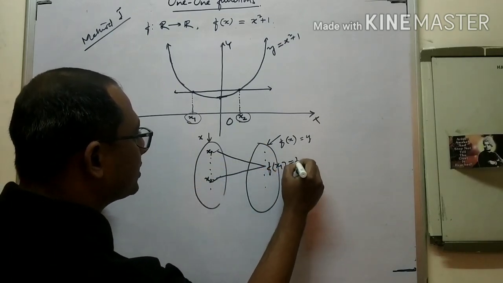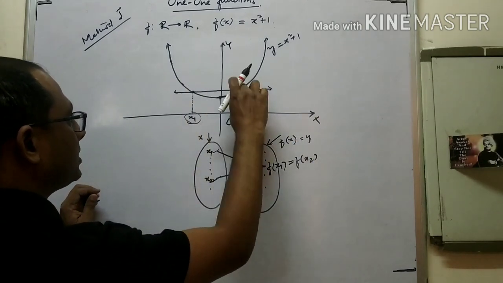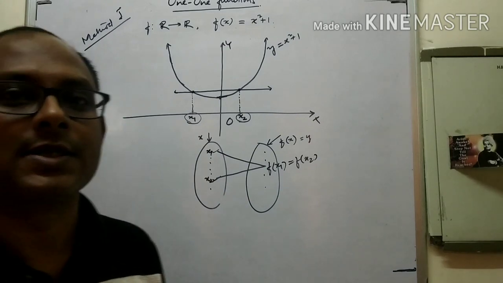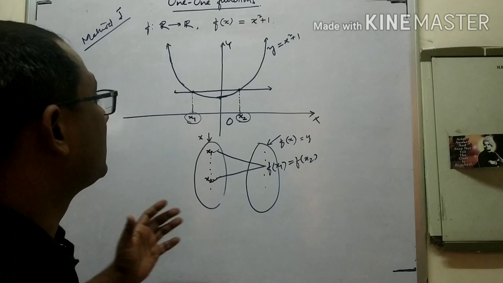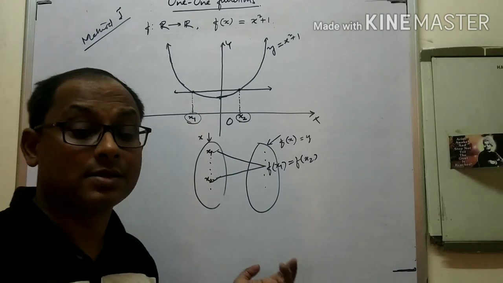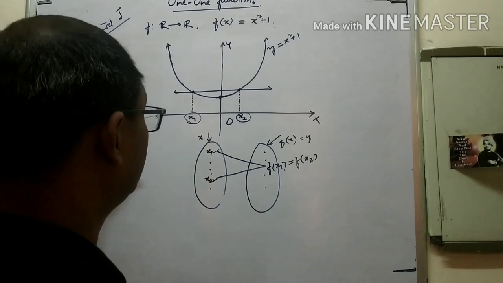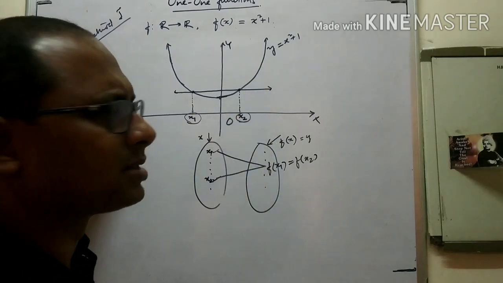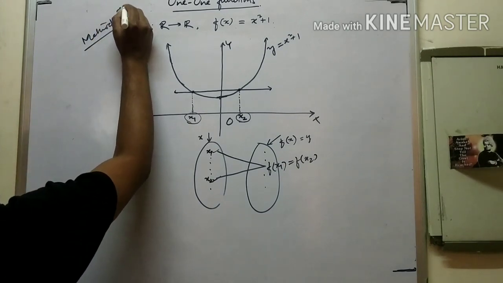This is f(x1), and this is f(x2). The ordinates are same. Okay, so this is the second method, and this is a very, very useful method, and we must learn how to draw the graph of different simple functions. This is the second method, method 2.